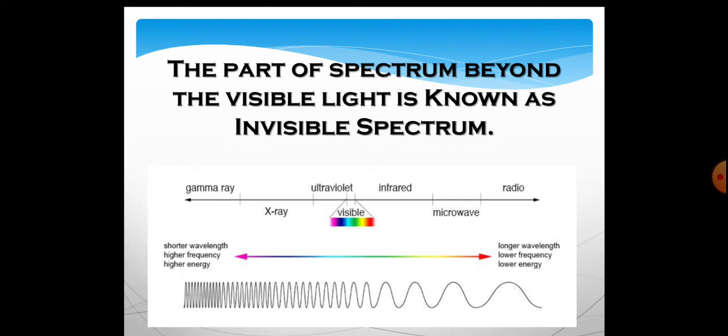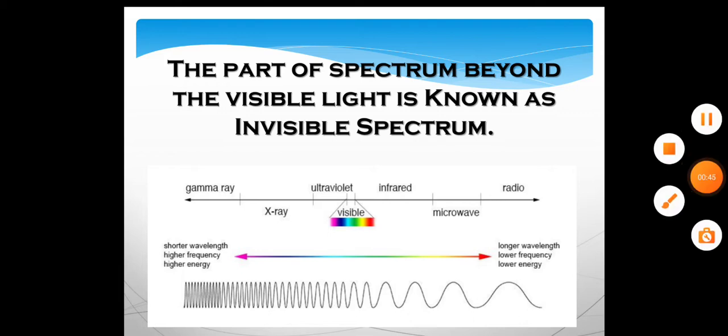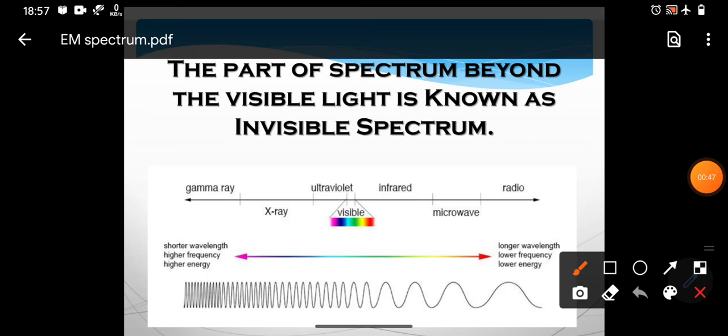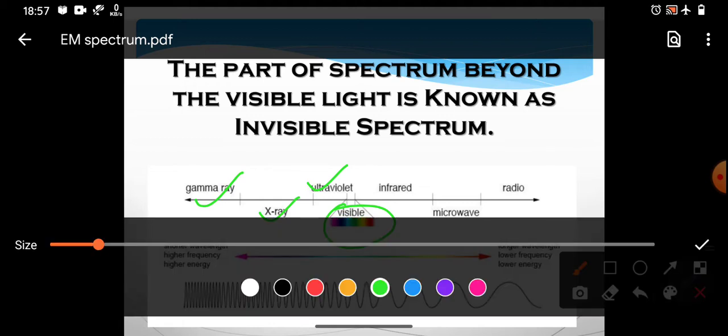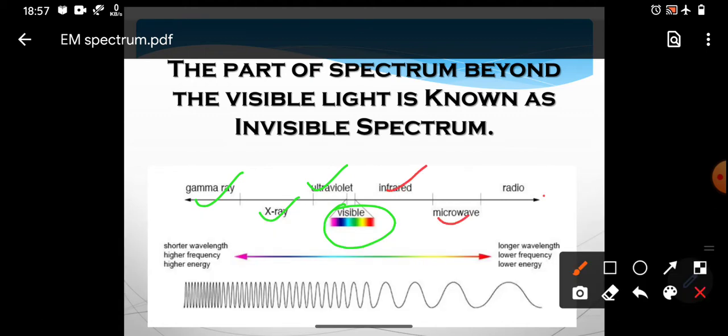So this over here is the visible part, and all the others on the left and right side of the visible part are known as the invisible spectrum part.